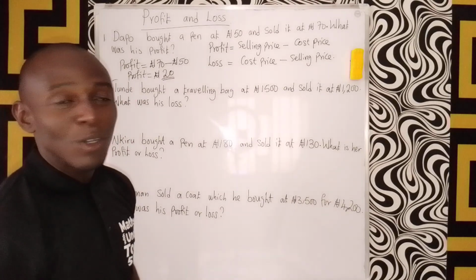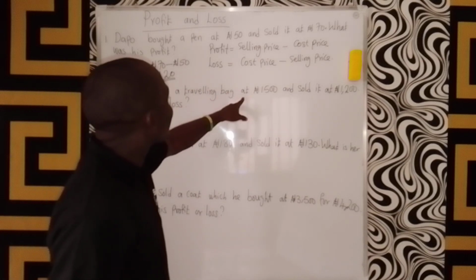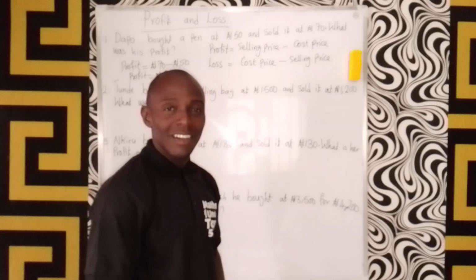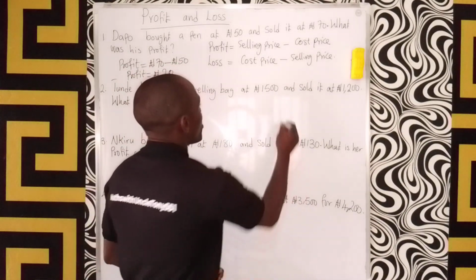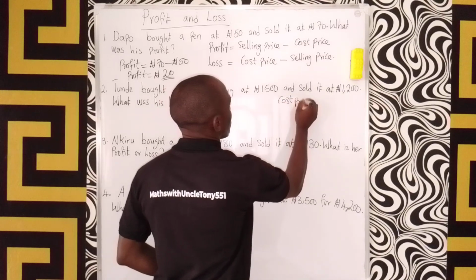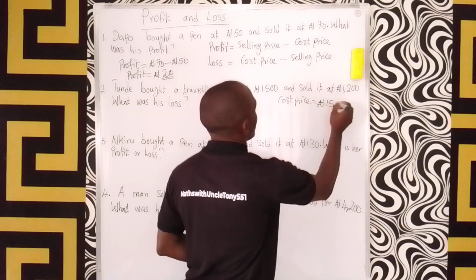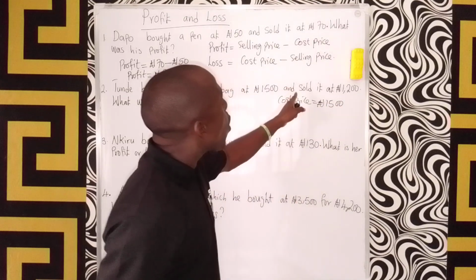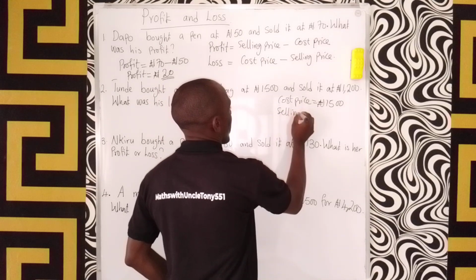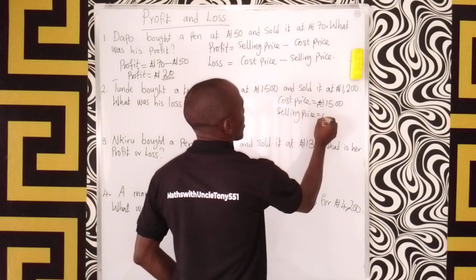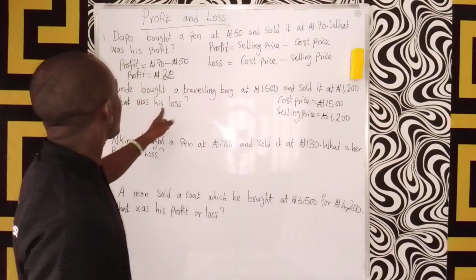Let's quickly look at the second question on the board. Tunde bought a traveling bag at 1,500 naira. It tells you that bought is for cost price. You can now write cost price is 1,500 naira. And sold it at, sold is selling price, 1,200 naira. What was his loss?